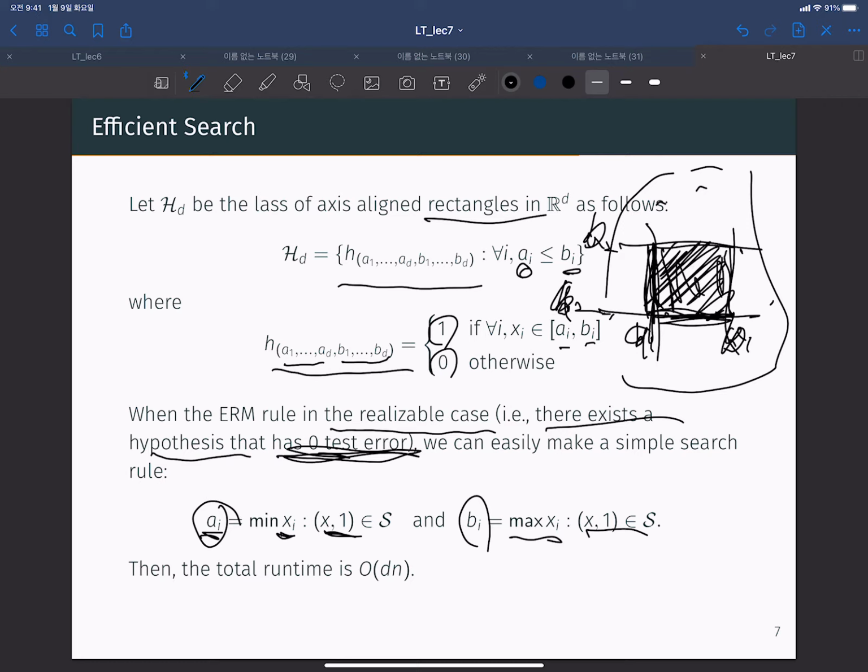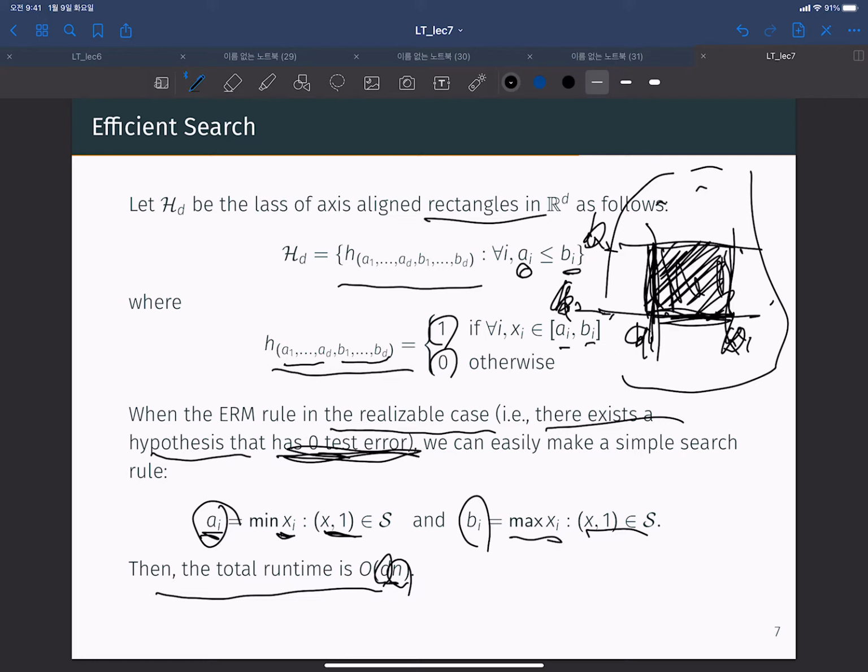So we can easily guarantee this approach finds a 0 training error hypothesis. What is the ERM rule? It just selects one hypothesis that has the empirical risk minimizer. Then the total learning time is d times n, where d is the dimension of the input domain and n is the number of training data points. Then we have 0 training error.